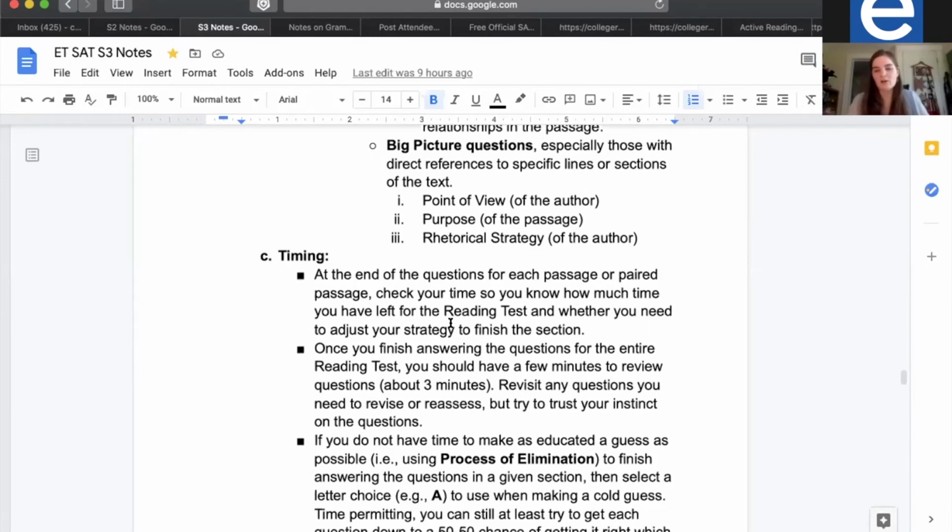Rhetorical strategy of the author. So what techniques and methods are they using in their argument? What does their argument look like? Are they using things like logos, which is logic and reasoning? Are they using things like pathos, or ethos?